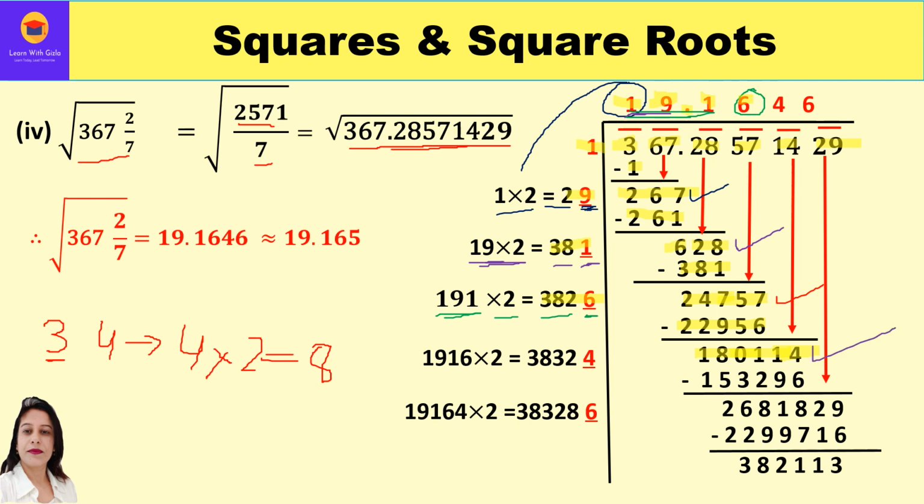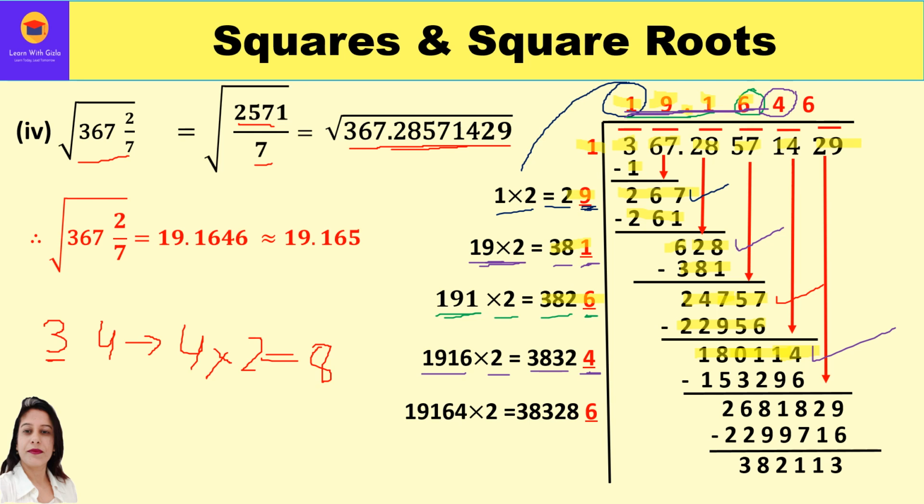Now if you see, now the quotient is 1916, right? So 1916 we will take, we will double it, that is multiply by 2. We are getting 3832. Put a blank. Think of a number what should come in this blank, and same number we should keep in the quotient so that the product is less than 180114.